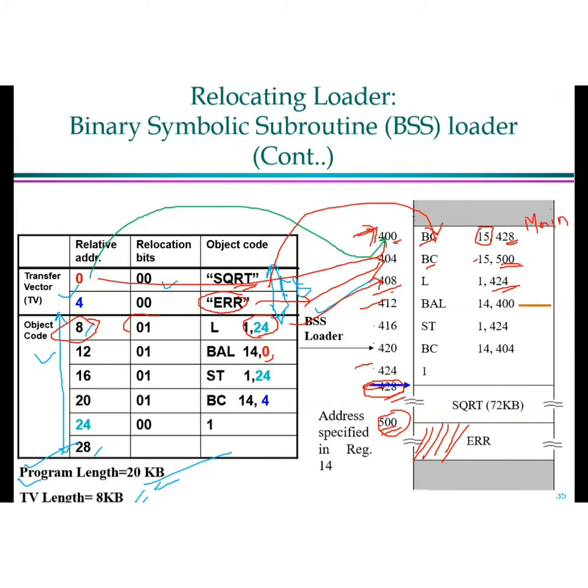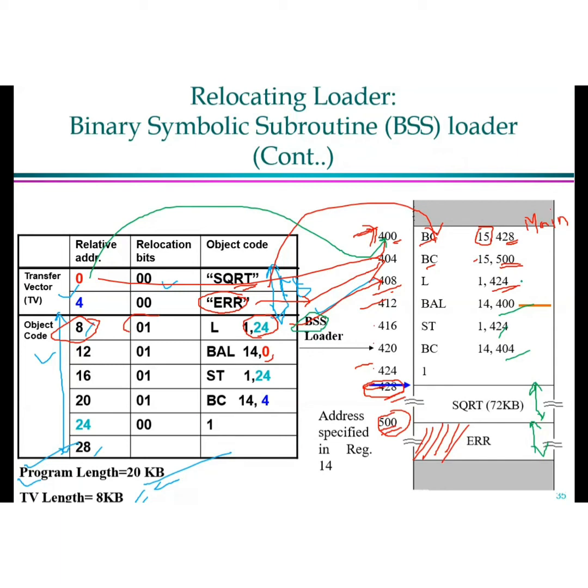So in this way, you have to write 0 is replaced by 400, 4 is replaced by 404, 24 is replaced by 424. So this relocation is done by your BSS loader. Okay. Then your SQRT code will be loaded in this area, 428 onwards, then from 500 location onwards, ERR is present. So you have loaded the entire code in memory and the execution will start.